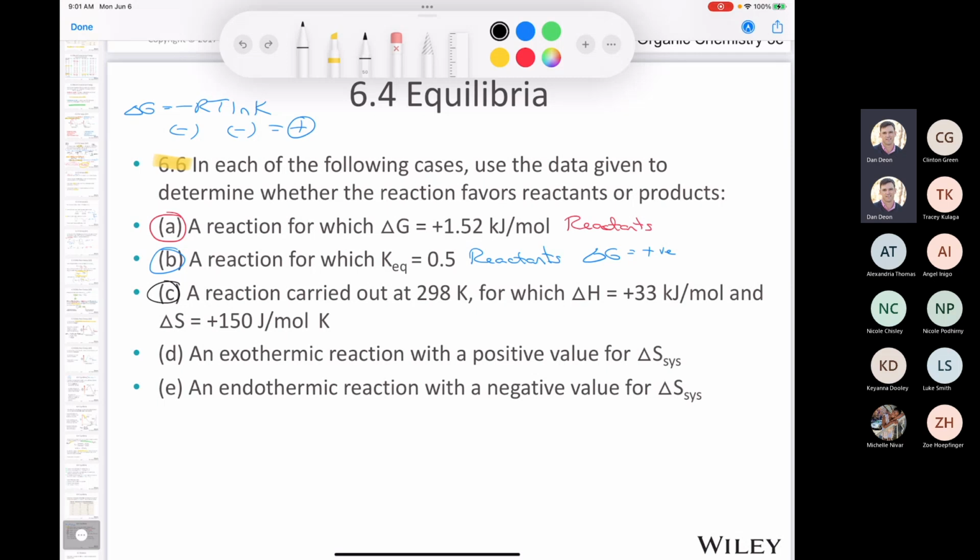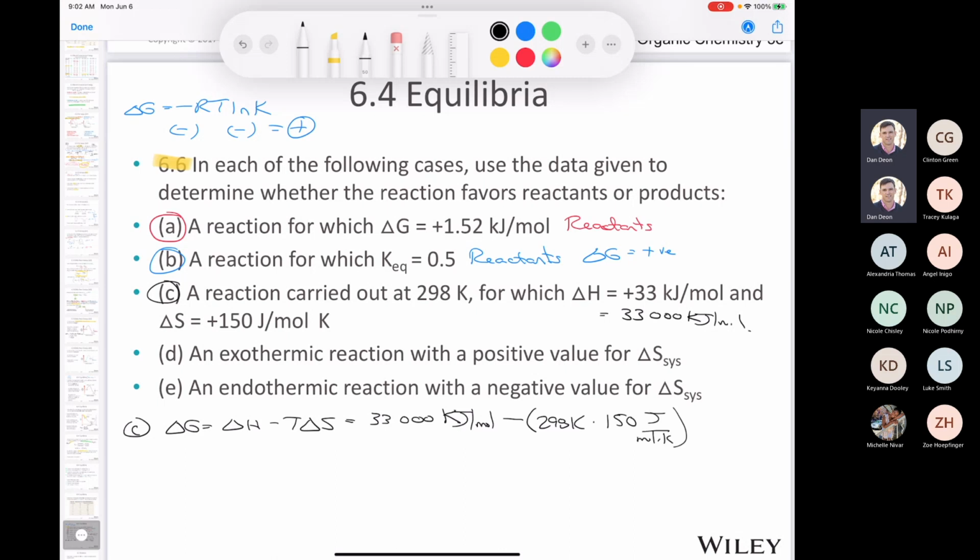So we could also say that our delta H is equal to 33,000 joules per mole. And let's use the formula. So for C, we're going to use the formula delta G is equal to delta H minus T delta S. This is a formula that you've got to memorize as a chemistry student. 33,000 joules per mole, subtract T delta S, so 298 Kelvin times 150 joules per mole Kelvin, like that.